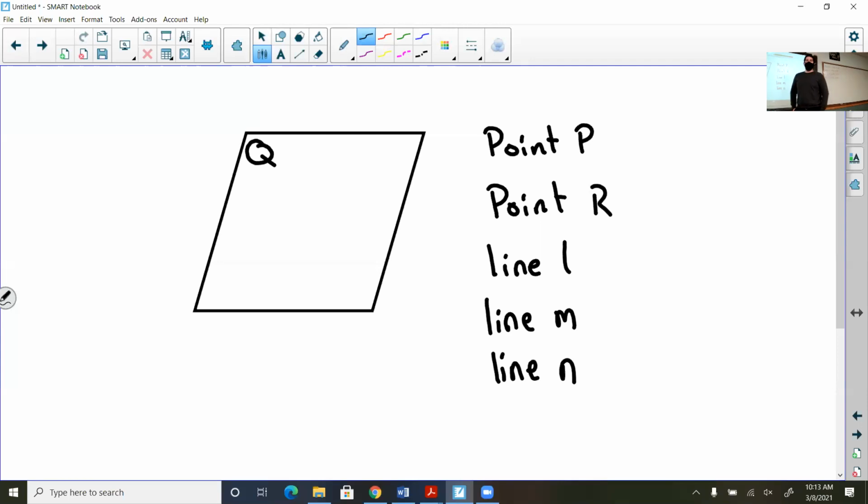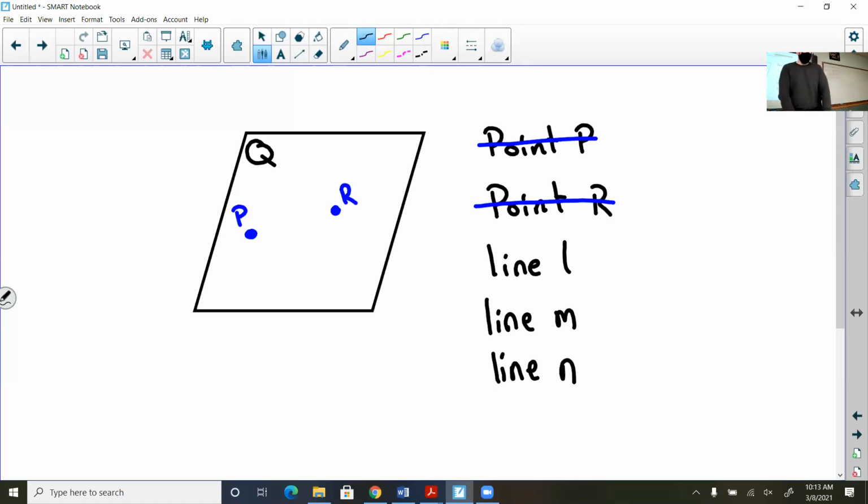So let's see if what you have works. I recommended starting off with point P and point R before drawing the lines. So I'm just going to put over here point P and over here point R. All right, so I did those two.